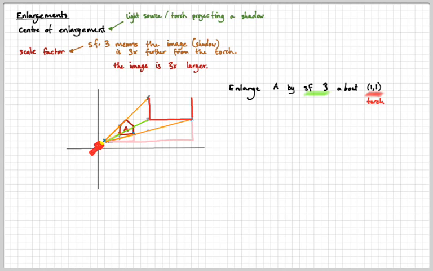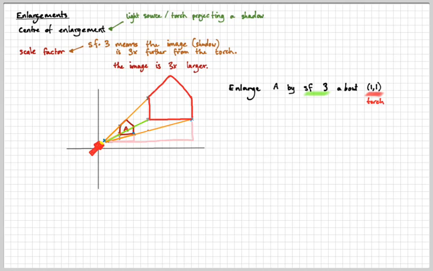And the angles don't really change, so the roof is still going to be tilted at 45 degrees, and where it was 1 diagonal line across, it will now be 3 diagonal lines, and then the equivalent on the other side. So this is going to be my shadow, the image that was projected from the centre of enlargement.